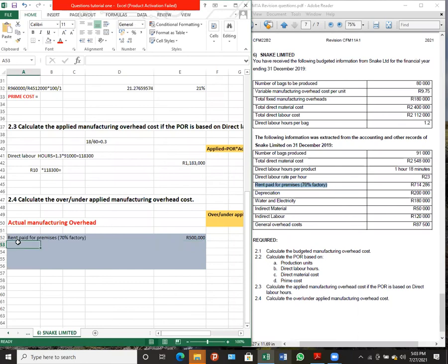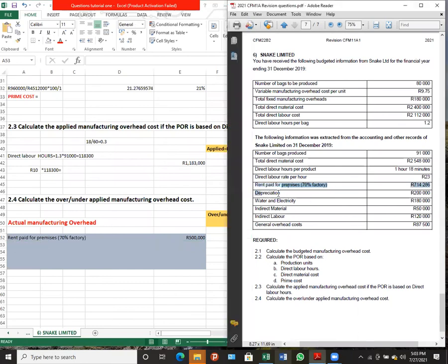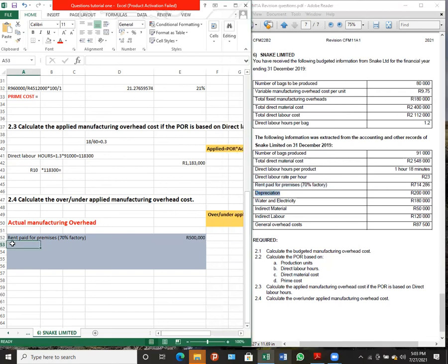And then here we have depreciation. Sometimes they will state this depreciation is for machines for factory, or for machines for admin, ne? Are we together, guys?